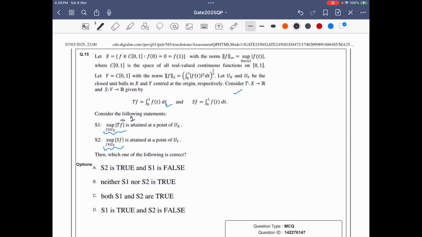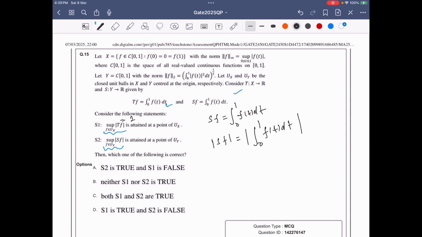And for the next statement, let's look at Sf equal to the integration from 0 to 1 of f(t) dt. If you take the mod of Sf, this is less than or equal to the mod of the integration from 0 to 1 of f(t) dt.